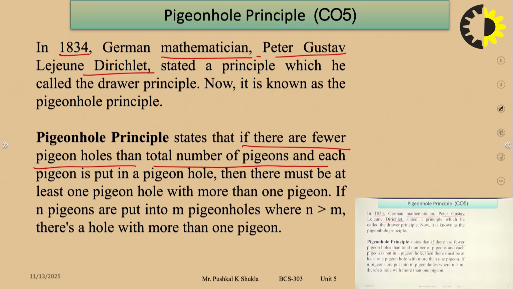If n pigeons are put into m pigeonholes, where n is greater than m, there is a hole with more than one pigeon.